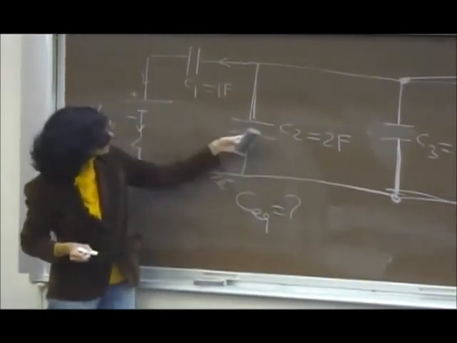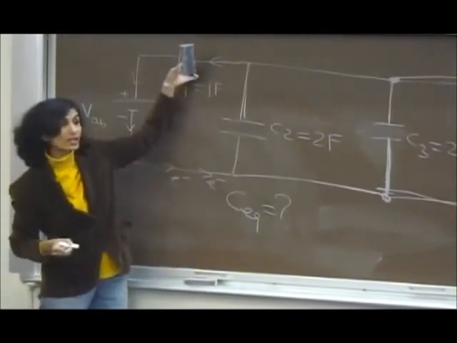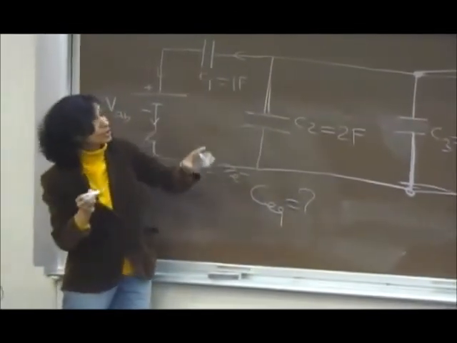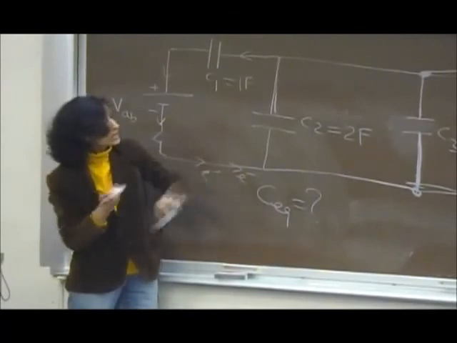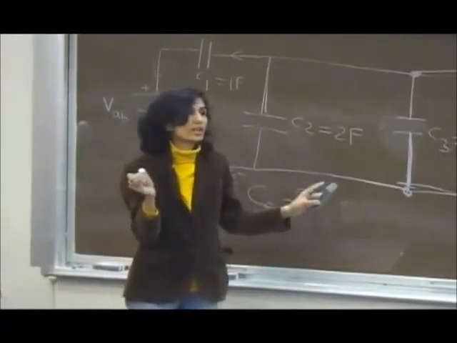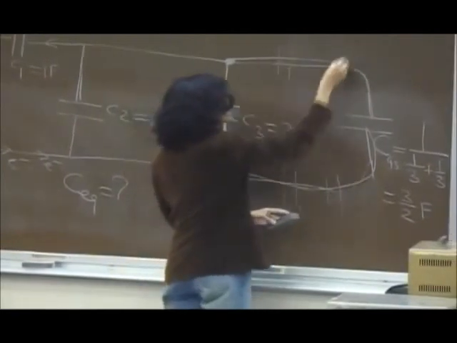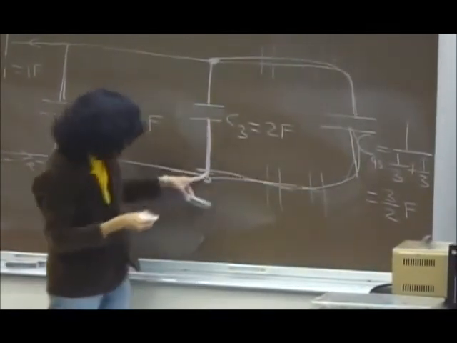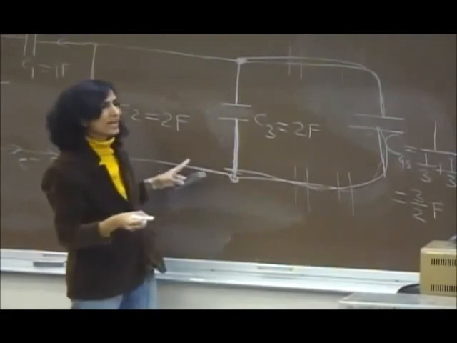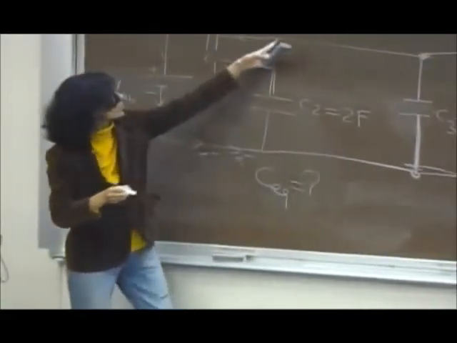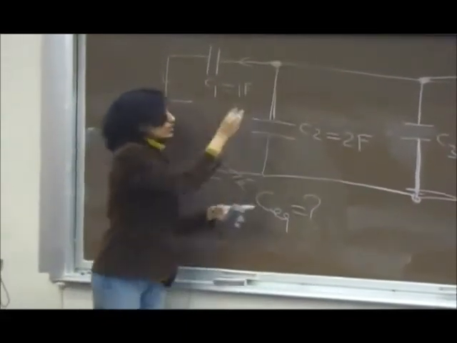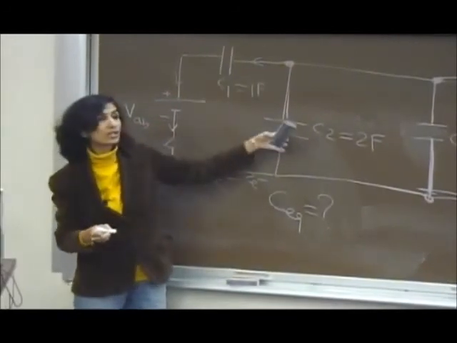So the charge that is accumulating on this plate is not the same as the charge that will be accumulating there, and so it cannot be in series. Series means no junction. If I put lots of resistances or capacitances here, these are all in series with each other. But as soon as you see a junction, anything after that is not in series. Here there's a junction, and because of this junction, C1 is not in series with C2.